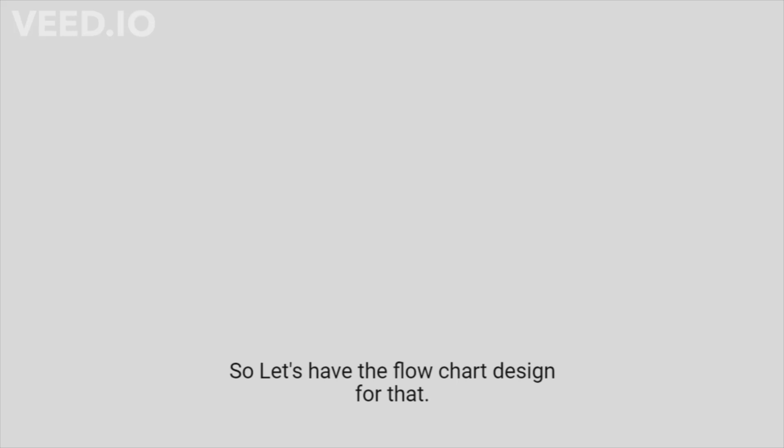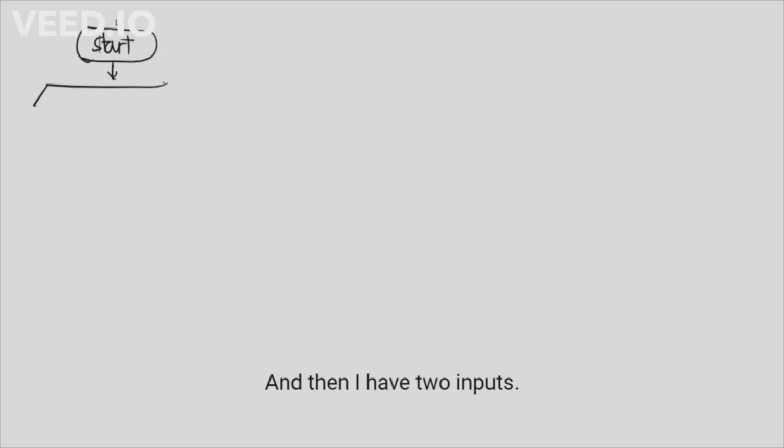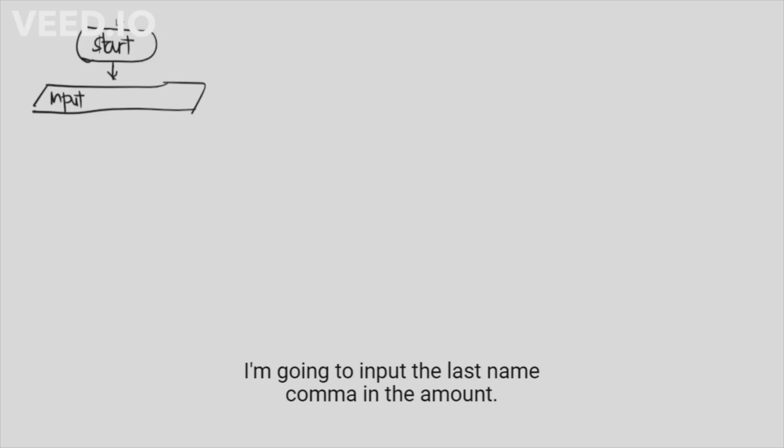So let's have the flowchart design for that. So I'm going to make use of start, and then I have two inputs. I'm going to input the last name, comma, and the amount.